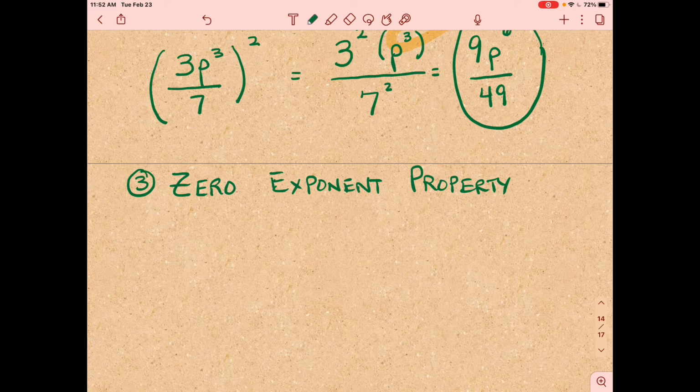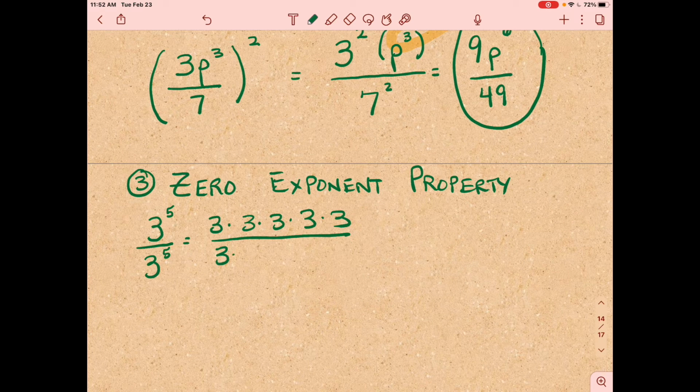And what's happening here, I'm going to back up and just demonstrate something to you. Let's suppose I had 3 to the 5th over 3 to the 5th. That would be 3 times 3 times 3 times 3 times 3 over 3 times 3 times 3 times 3 times 3. And when I canceled those all out, each of those 3 over 3's leaves a 1, so I end up with 1 over 1, or just 1.